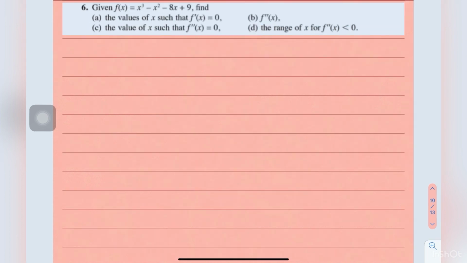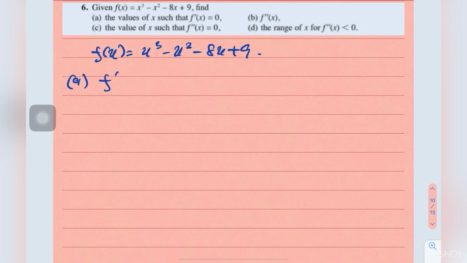The last one, question 6. Given f(x) equals x cubed minus x squared minus 8x plus 9, find the values of x such that f prime x equals 0. So f prime x, you differentiate: 3x squared minus 2x minus 8, equal to 0.